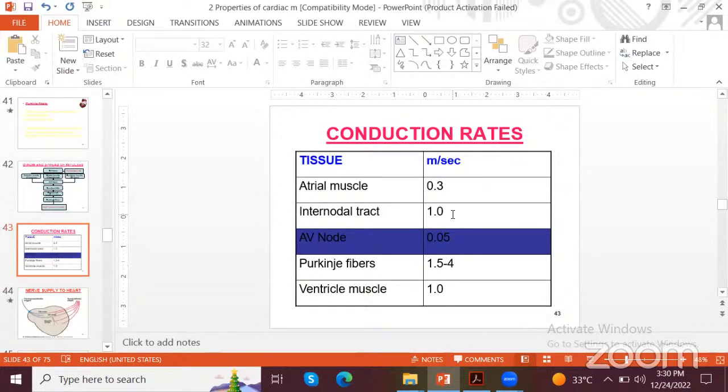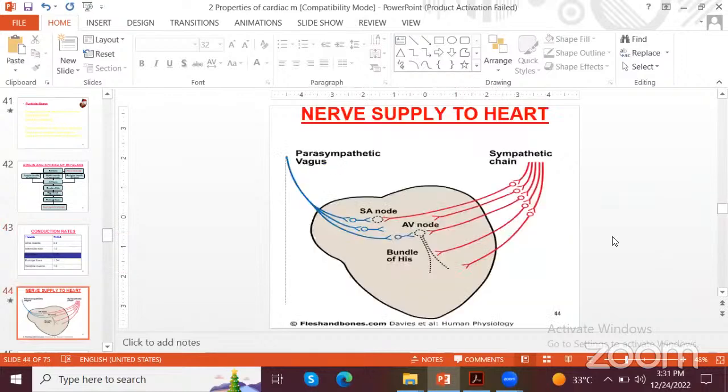The conduction rate in each part: atrial muscle is 0.3, internodal tract is around 1 meter per second, AV node is 0.05 meter per second, Purkinje fibers are faster at around 1.5 to 4, and ventricular muscle is 1 meter per second.